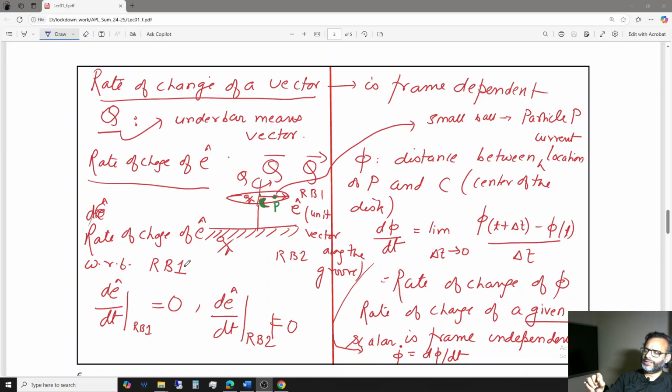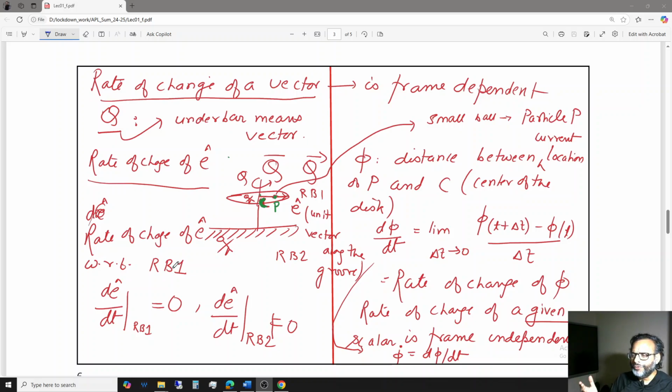However, in my case, the vector is a unit vector, so the only reason why it will change is if I perceive its direction to be changing. I hope you agree with me. E hat will be reported to be changing only when its direction changes. Magnitude remains constant. So my first question is the rate of change of E as observed by your friend. In other words, the rate of change of E with respect to RB1. What is that?